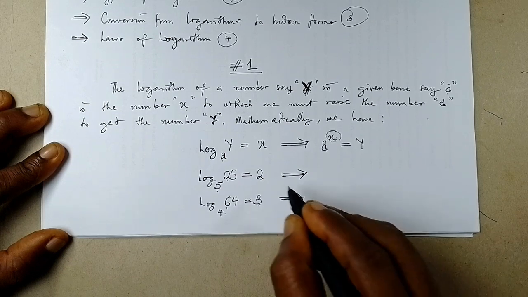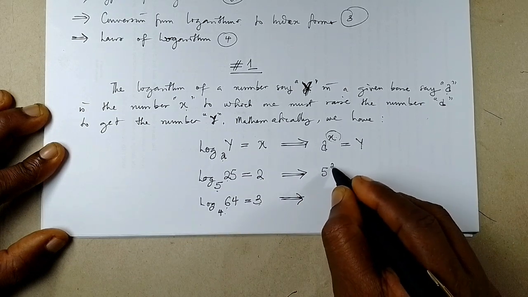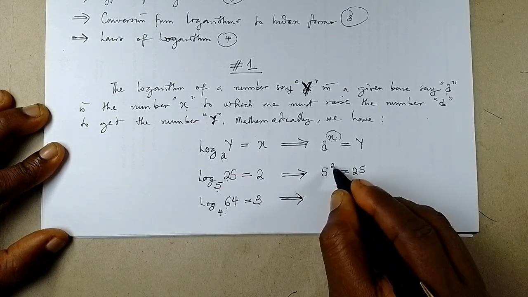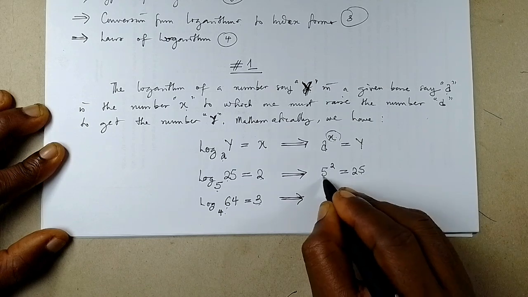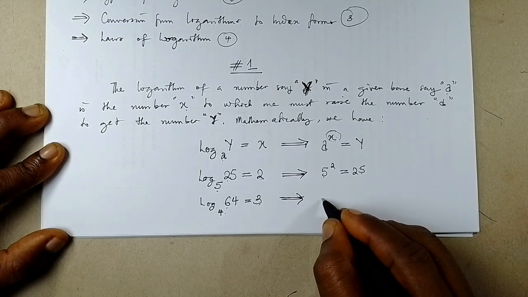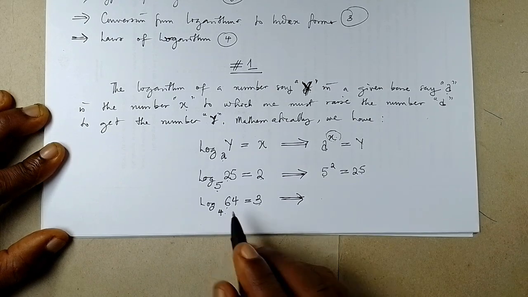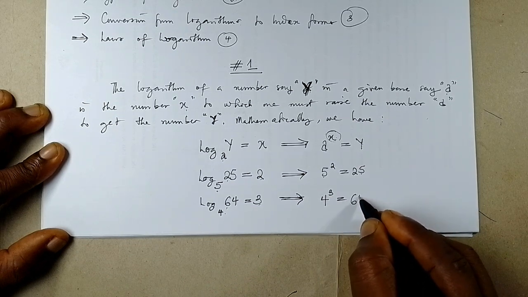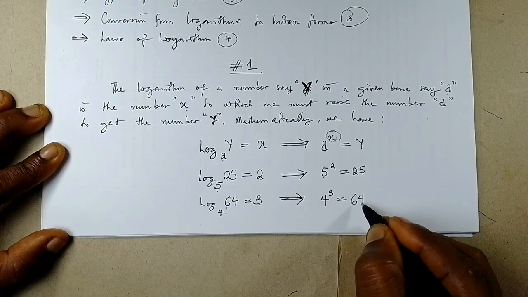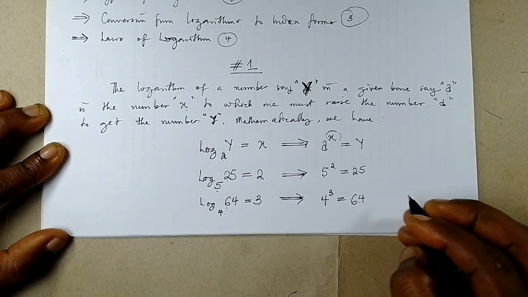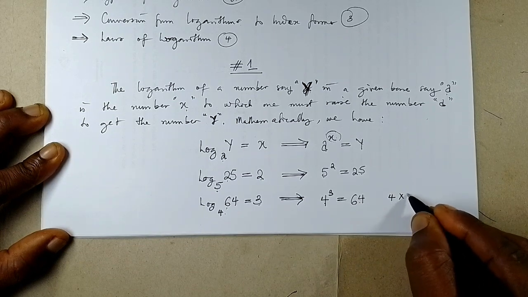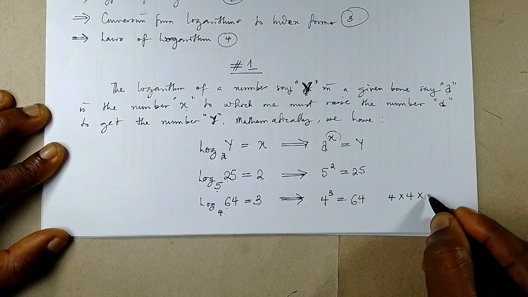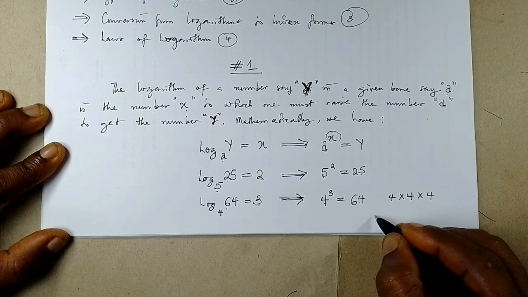You can clearly see that 5 raised to the power of 2 gives 25, which means that 2 is the logarithm of 25 in base 5. And 4 raised to the power of 3 gives 64, which means that 3 is the logarithm of 64 in base 4, because 4 times 4 is 16, and 16 times 4 gives you 64.